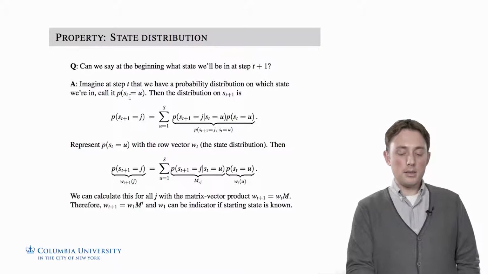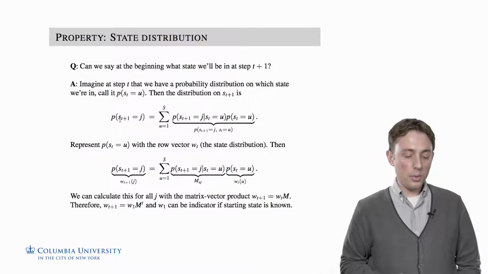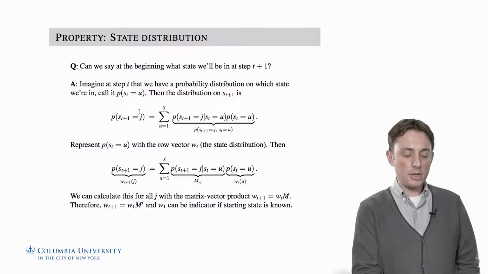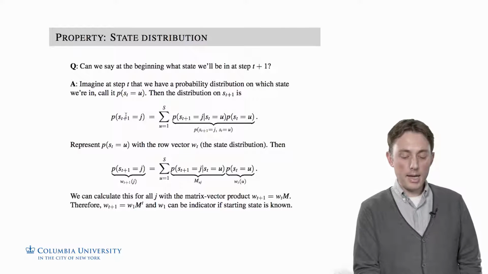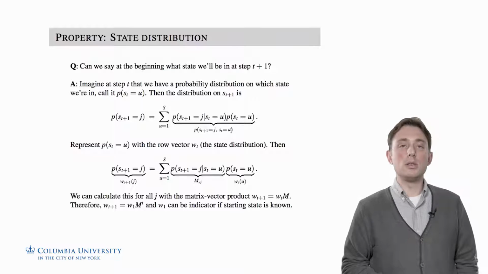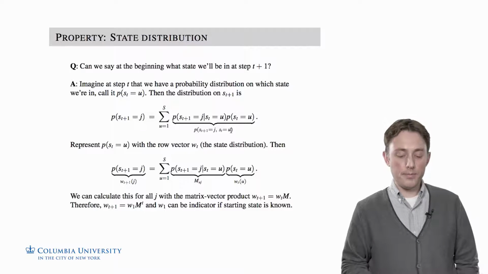In that case, for the distribution on where I'm at at t+1, if we want to find the probability that I'm in state j at time t+1, I simply write that as a marginal of a joint probability of being in state u at time t and being in state j at time t+1, and sum over all values for u to sum out this state variable at time t.